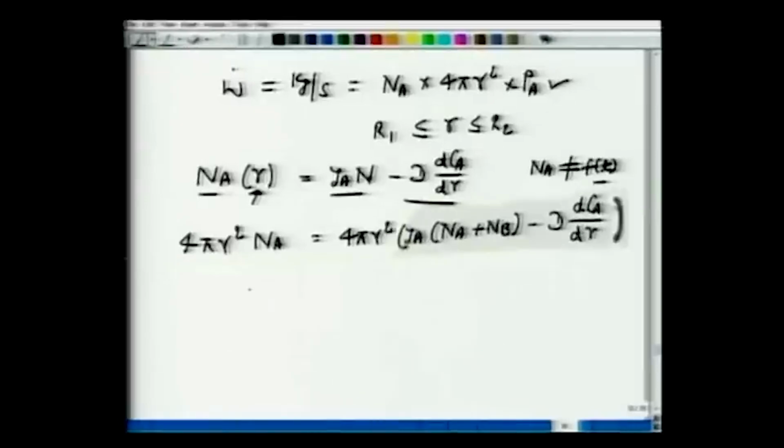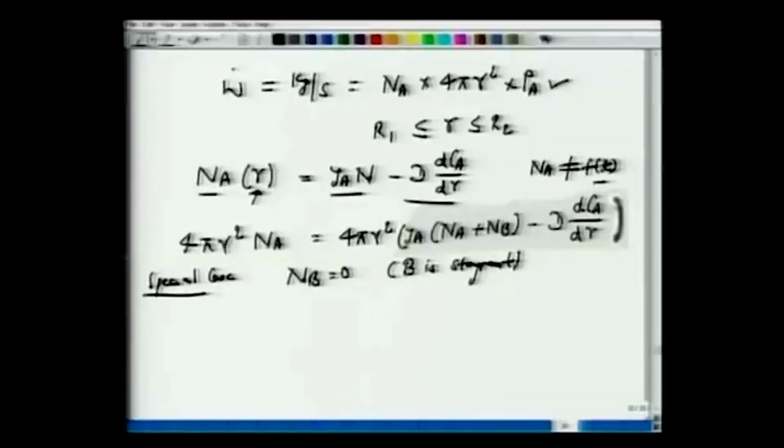If we go back to the same special case where Nb is 0, that diffusing medium A diffuses but B is stagnant, it's a similar case, except now we are in spherical coordinates and we have steady state. So kg per second is conserved, Na into 4 pi r square, and W dot is constant.